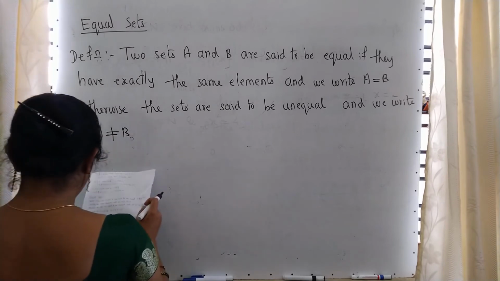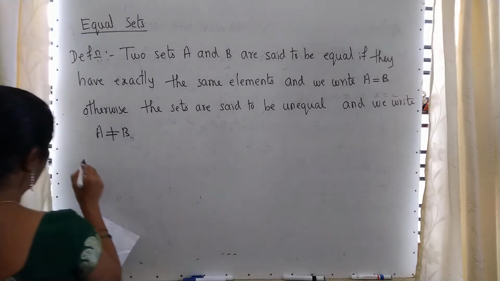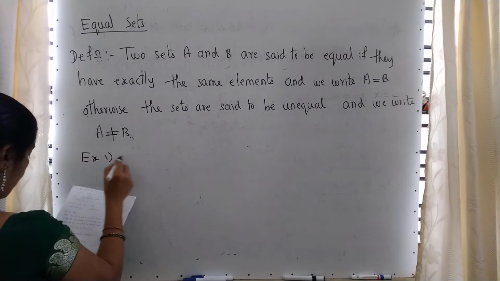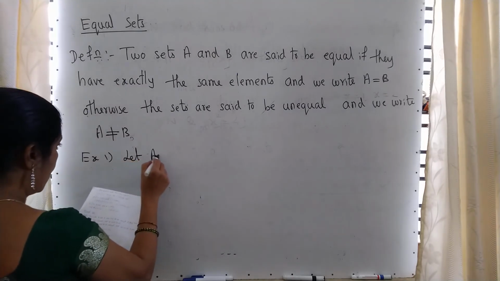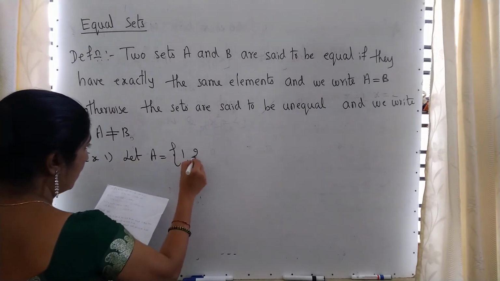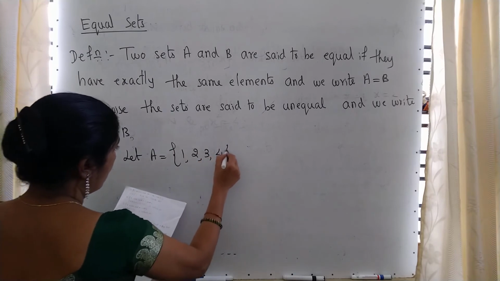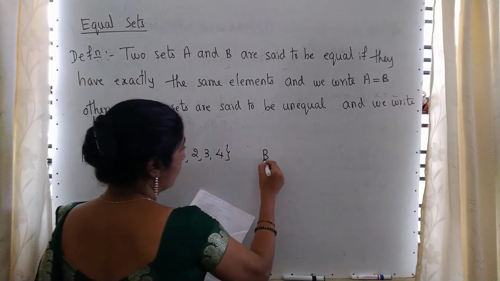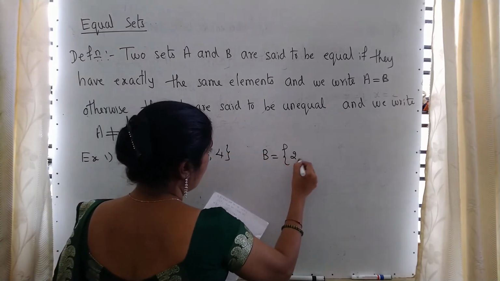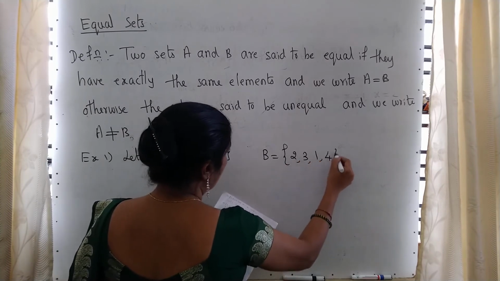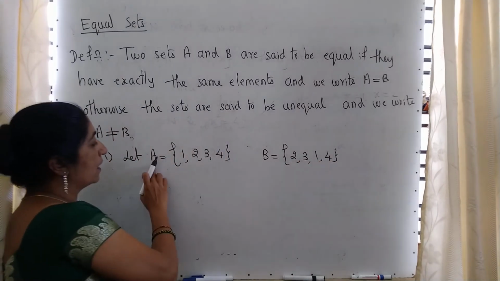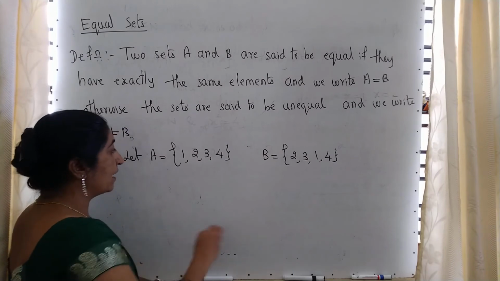So I will explain with the help of an example. Let A is equal to {1, 2, 3, 4}, B is equal to {2, 3, 1, 4}. Now compare. In A, we have this element 1.